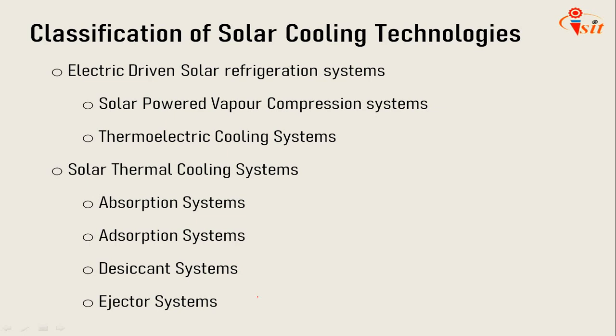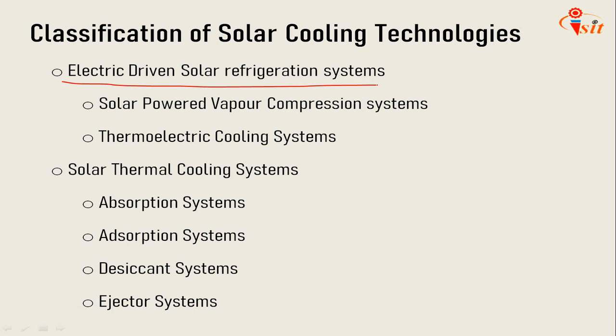Both types of solar cooling can be used in industrial and domestic refrigeration and air conditioning processes with up to 95% saving in electricity. That should be noted.